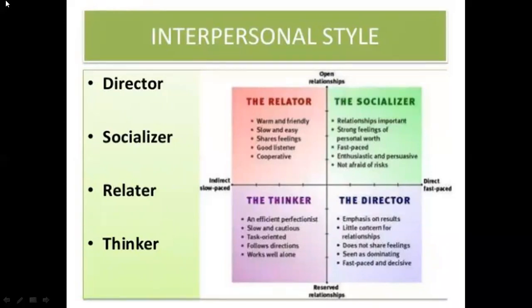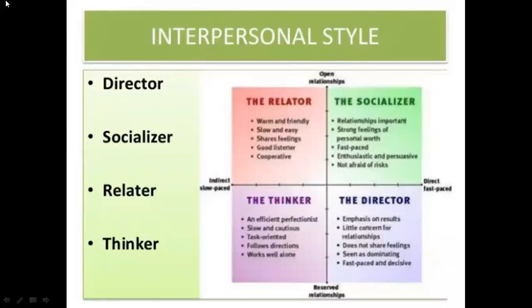Next, we have a thinker. Basically, in the context of the thinker: efficient, perfectionist, slow and cautious, task-oriented, follows directions, and works well alone.